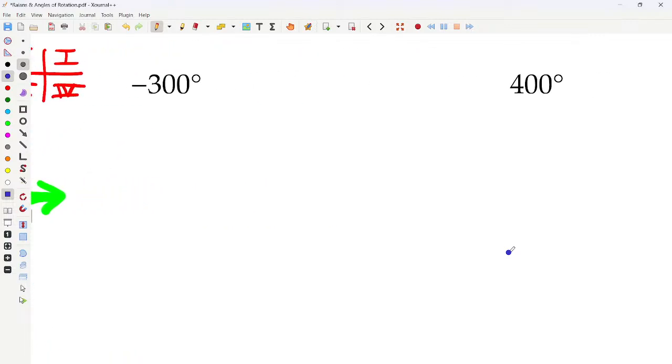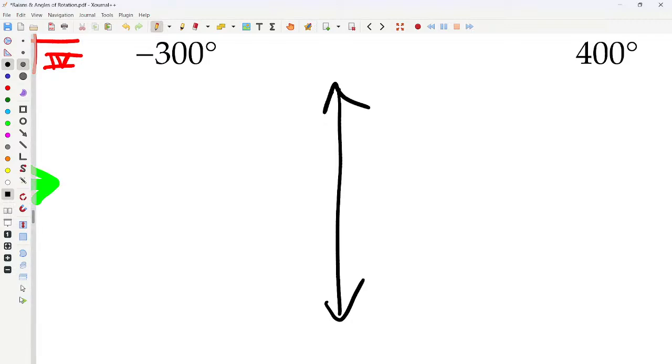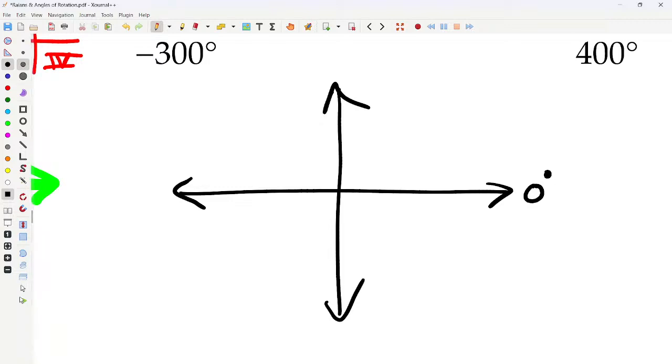Let's go. Negative 300. That's 0. That's where we start every time. Negative.